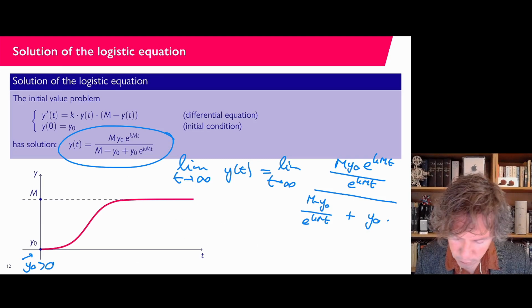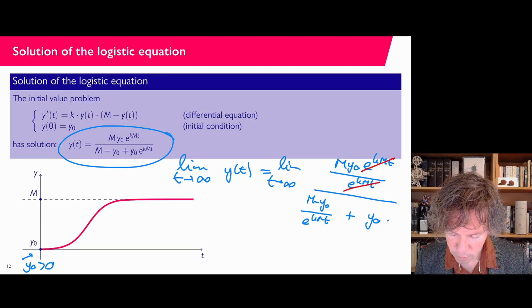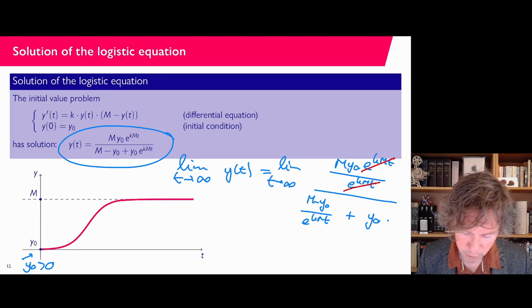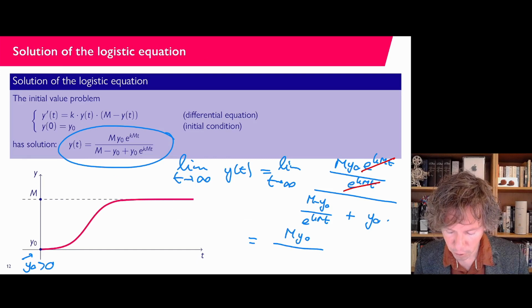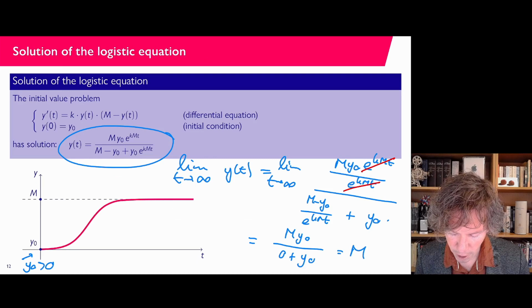So in the numerator, the exponential drops out. And I can now take the limit. And the limit is going to be, in the numerator, I'm left with my0. And in the denominator, I find 0 plus y0 equals m.